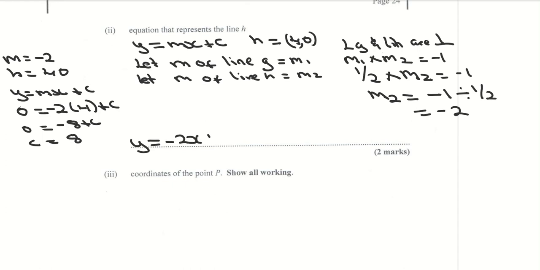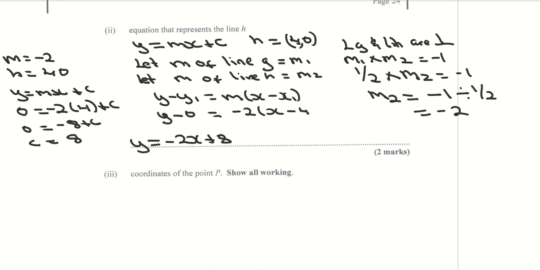-2x plus 8. Or if you want to use this equation, y minus y1 is equals to m by x minus x1. y1 and x1 are the coordinates given. So it would be y minus 0 is equals to m, which is -2, by x minus 4.